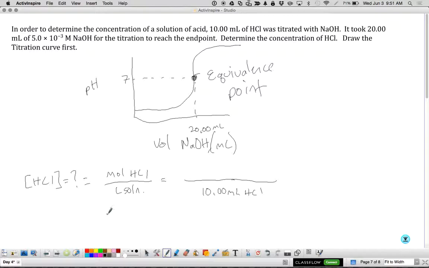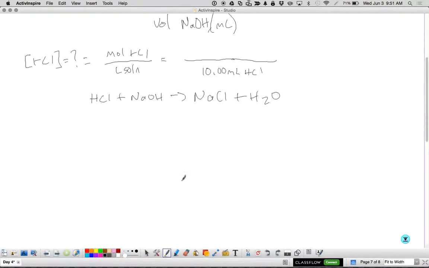All right? Well, I need to first write my equation. So that's HCl plus NaOH yields NaCl plus H2O. Okay? Everything's 1-to-1, so this should be pretty straightforward.